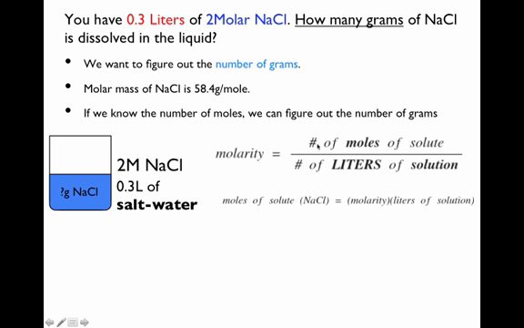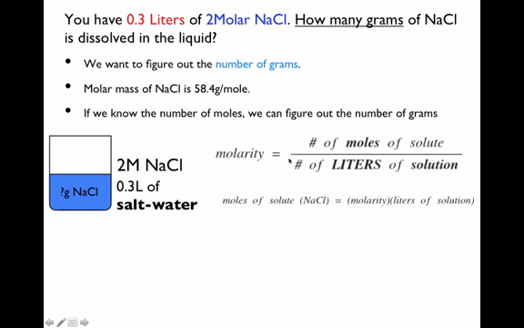However, we need to get this number all by itself. So to get this number all by itself, we need to multiply both sides by the denominator, because we need to get rid of the denominator on the right side of the equation. If we multiply both sides of the equation by the denominator, then basically I've flipped this around.